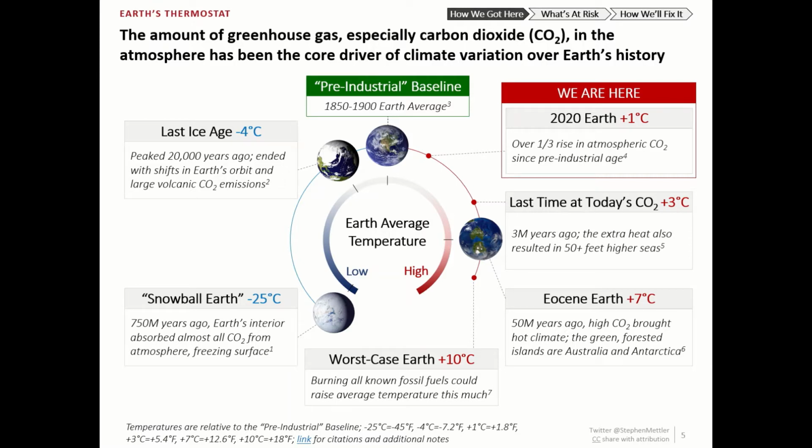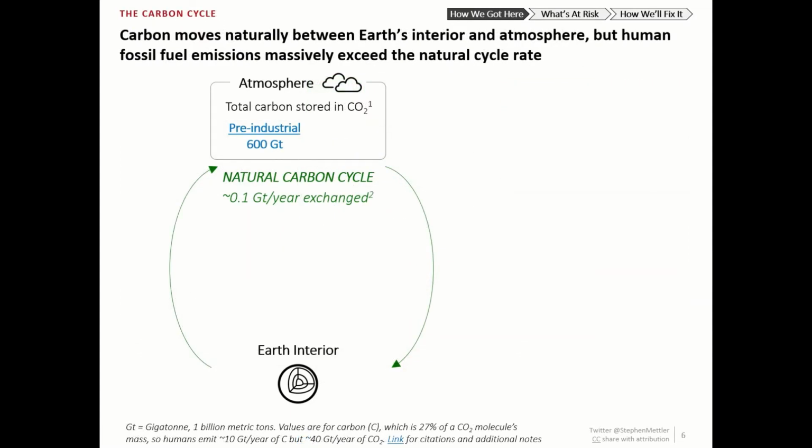Given how huge a role carbon dioxide plays in shaping Earth's climate, let's talk about the ways that it cycles in and out of the atmosphere. So, carbon naturally shifts between the atmosphere, where it's stored as carbon dioxide gas, and the interior, where it's stored within rocks, within fossil fuels, within many other storage methods.